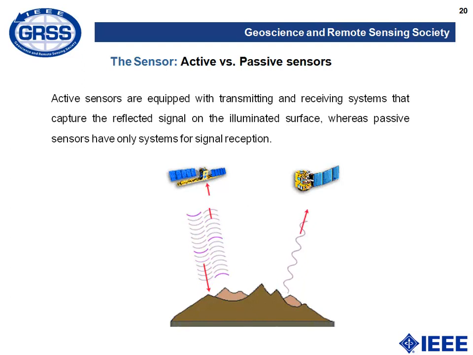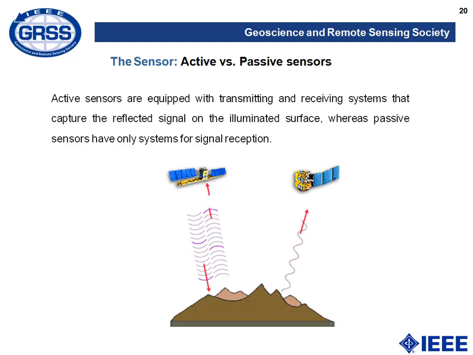Active sensors are equipped with a transmitting and receiving system that captures the signal reflected on the illuminated surface, whereas passive sensors have only systems for signal reception. So active sensors have their own energy source, and for the passive ones, the source is the sun's illumination.